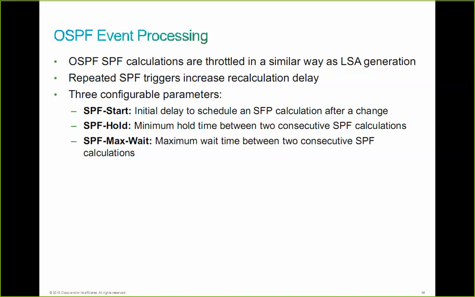That's what it is in the LSA throttling timers, but it's the same value. However, the max wait time, which is 10,000 milliseconds or 10 seconds respectively, is different, right? The max wait time in our LSA throttling timers is 5,000 milliseconds. So I would highly consider, as part of the implementation process, adjusting those timers to be similar, right?